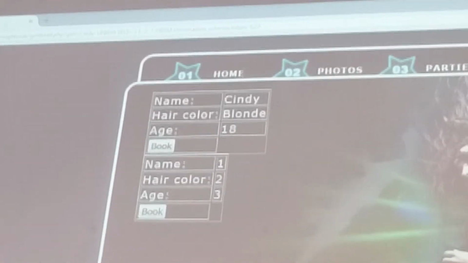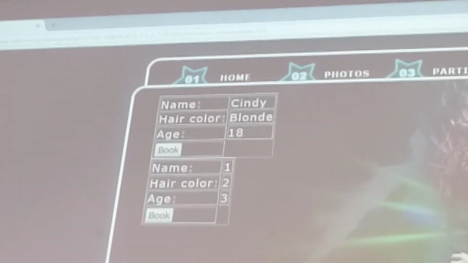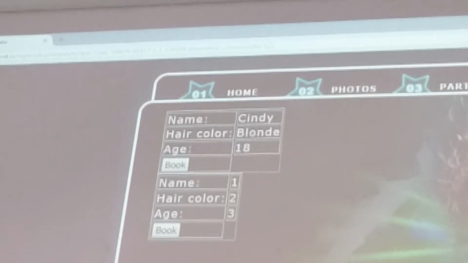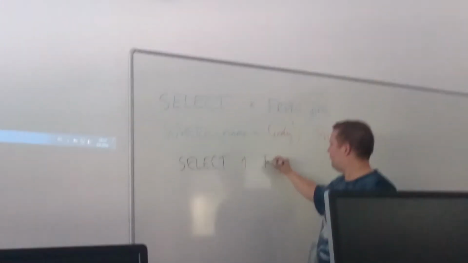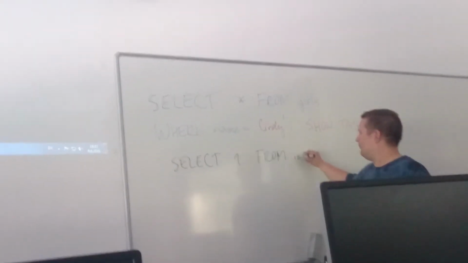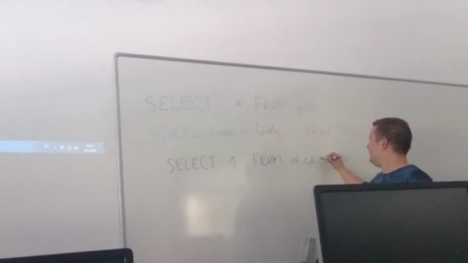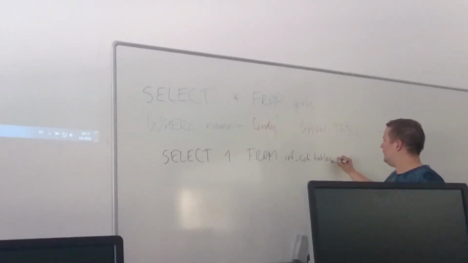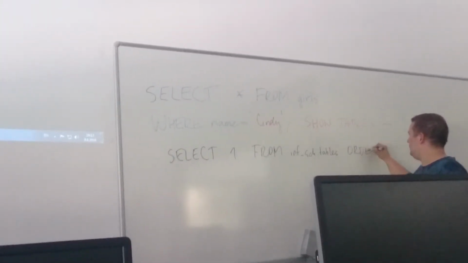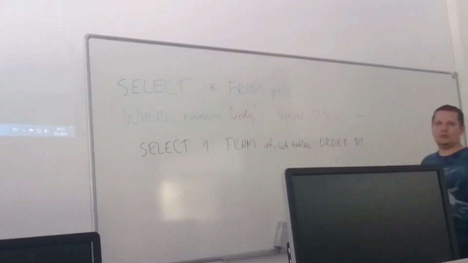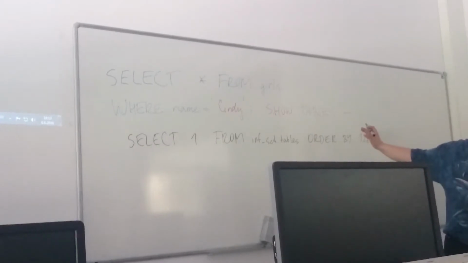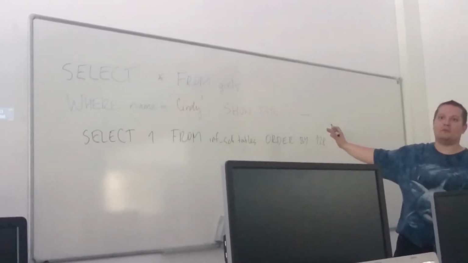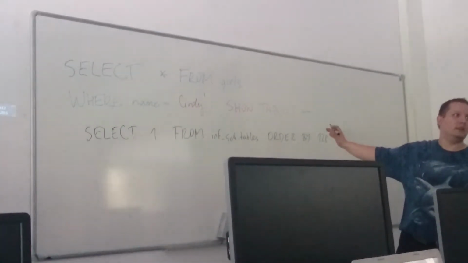We could speed it up a little by using commands such as select one from that information schema, order by, and let's say 128. So that means order it by the 128th column in the result set.